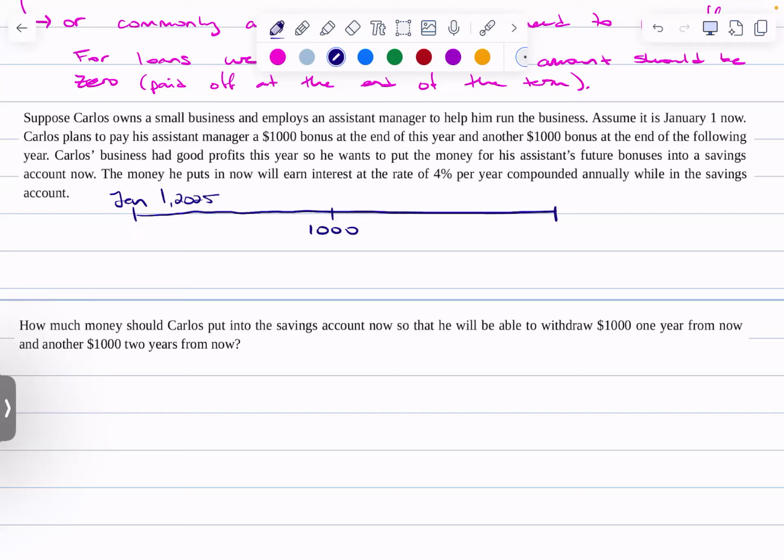So the timeline for this, a whole year has passed, or essentially a whole year: December 31st, 2025. So from January 1st to December 31st, and then also the following year, December 31st, 2026. He's also going to be prepared, no boosts, huh? No inflation, nothing. Still $1,000. All right, all right.